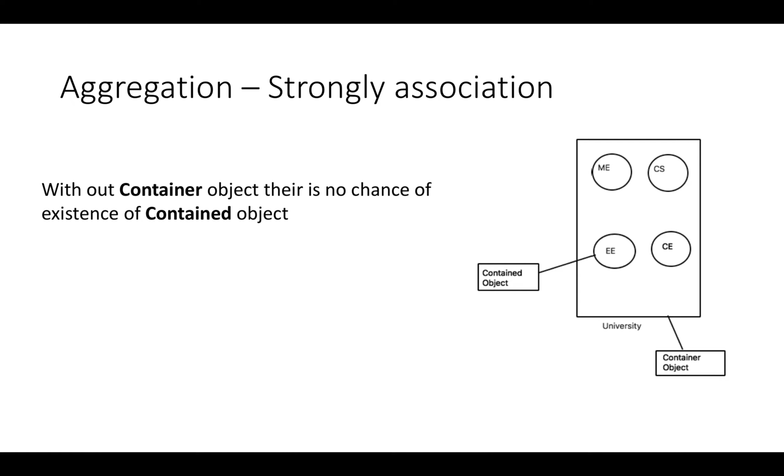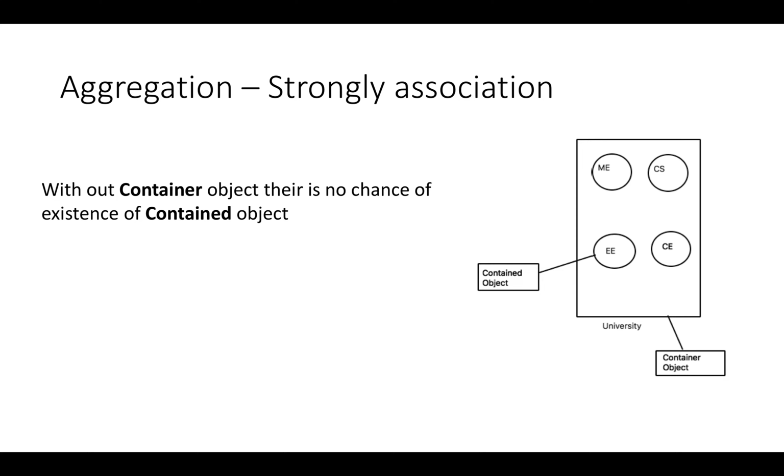The university we can call the container object, and the departments the contained objects. Let's assume in the future there is no university, it's closed. Then all the departments in it will also be closed, because without the university there will be no department.